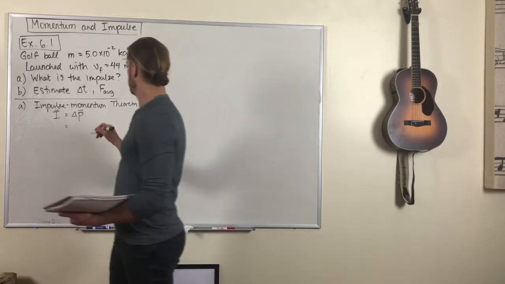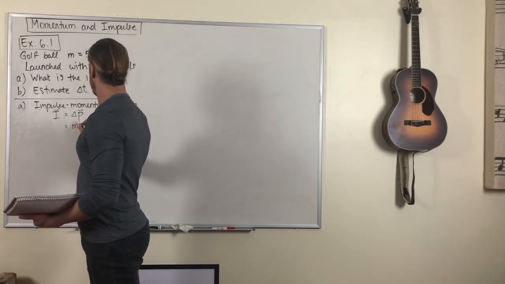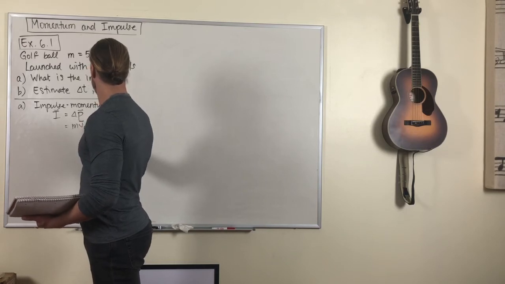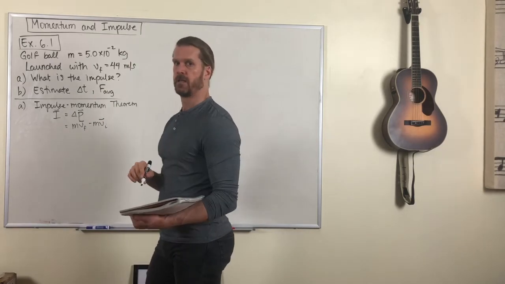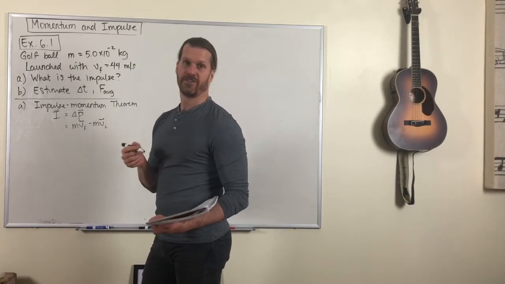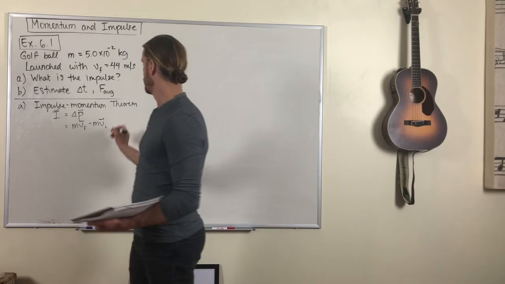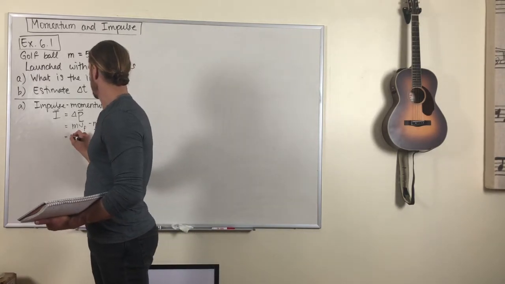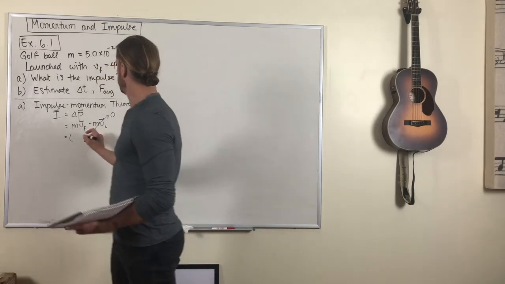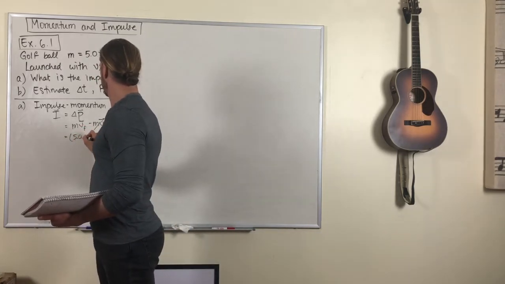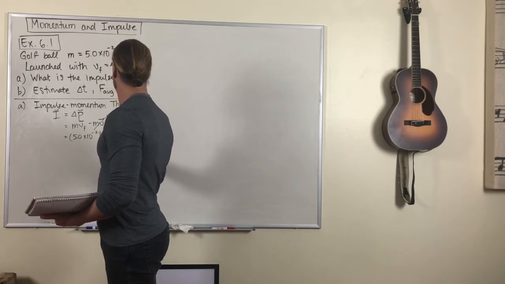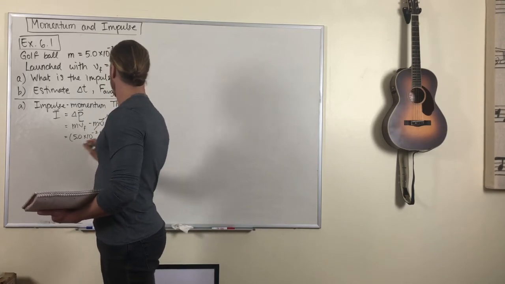And in this problem we are given all these values. The initial momentum is 0. The ball is stationary when you hit it. So that goes away, and we've got just m v final, 5 times 10 to the minus 2 kilograms, 44 meters per second.